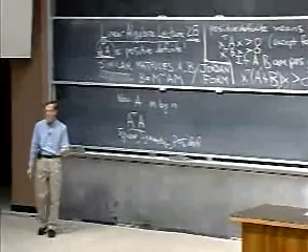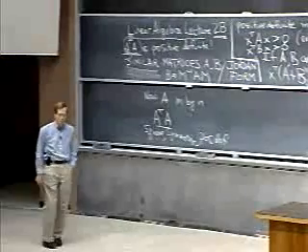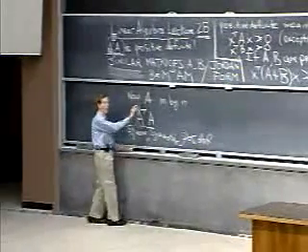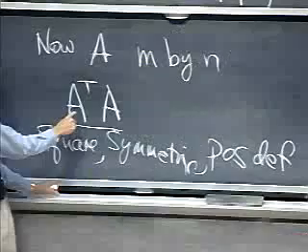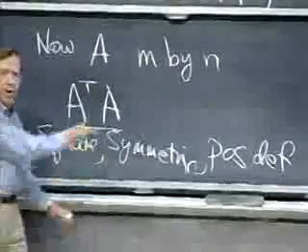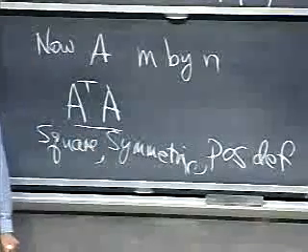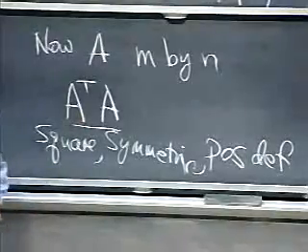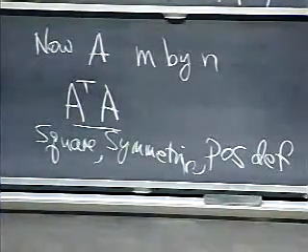So now I want to ask the matrix question. Is A transpose A positive definite? Okay, now so again, it's a rectangular A that I'm starting with, but it's the combination A transpose A that's the square, symmetric, and hopefully positive definite matrix. So how do I see that it is positive definite, or at least positive semi-definite?